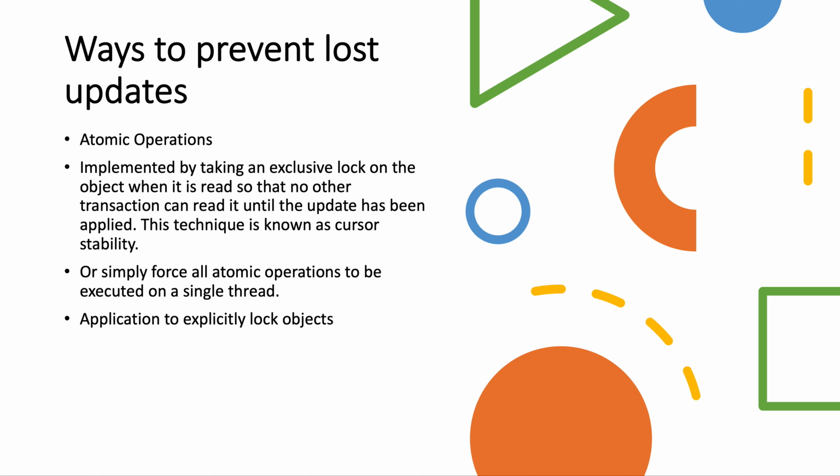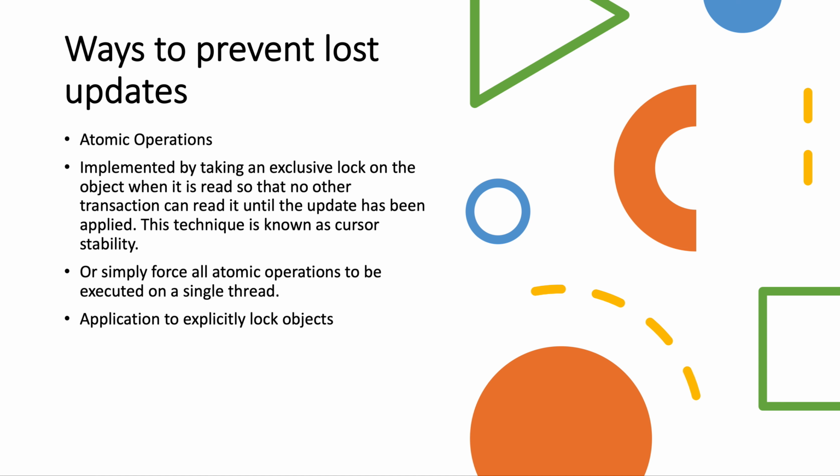So how is an atomic operation implemented? They are implemented by taking an exclusive lock on the object when it is read, so that no other transaction can read it until the update has been applied. This technique is also known as cursor stability. Or there can be other ways to get atomic operations: the code can be executed on a single thread, or an application can explicitly lock objects to prevent any lost updates.